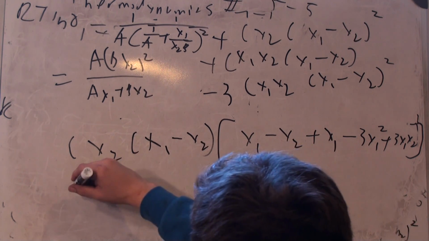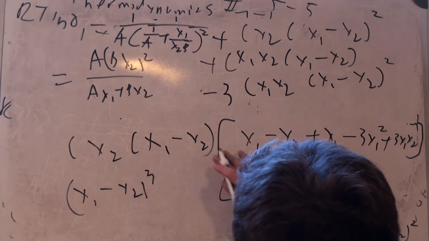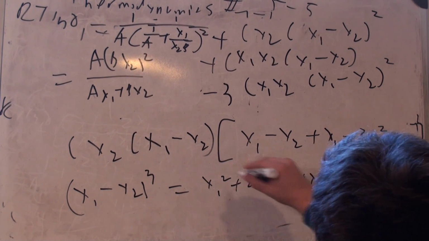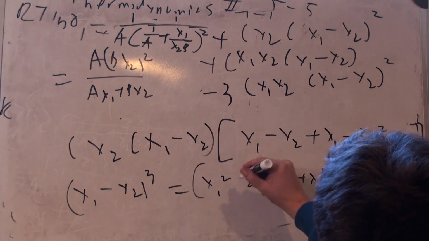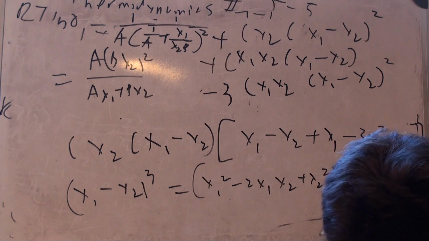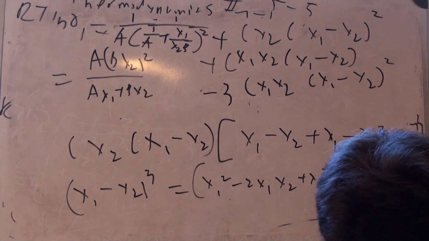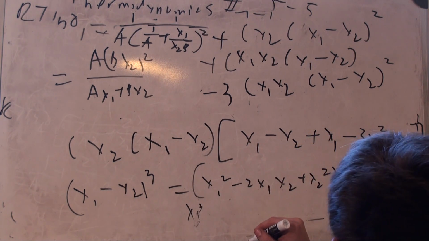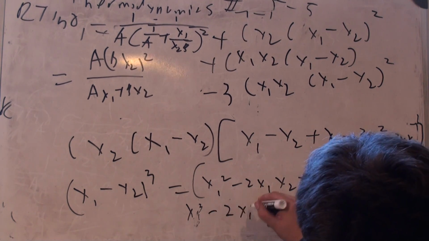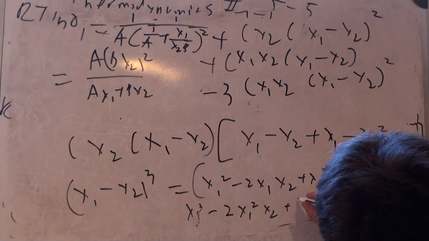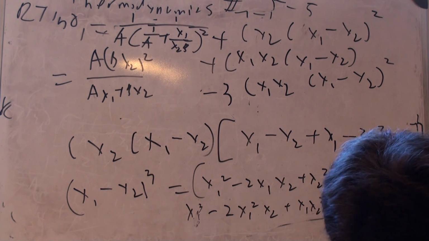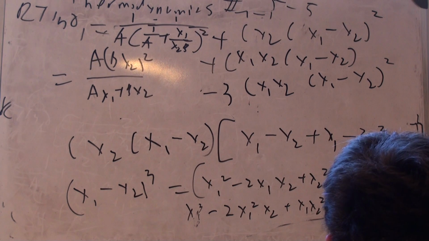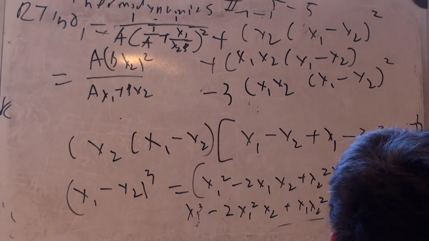Because what is it? x1 minus x2 quantity cubed is equal to x1 squared minus 2x1 x2 plus x2 squared times x1 minus x2, and so that becomes x1 cubed minus 2x1 squared x2 plus x1 x2 squared minus x1 squared x2 plus 2x1 x2 squared minus x2 cubed.